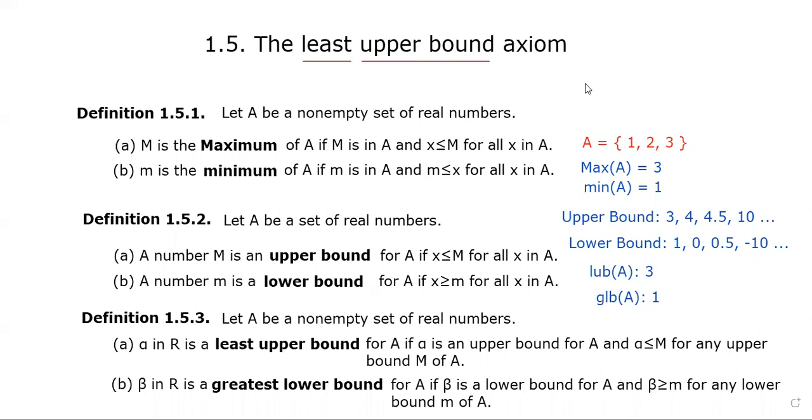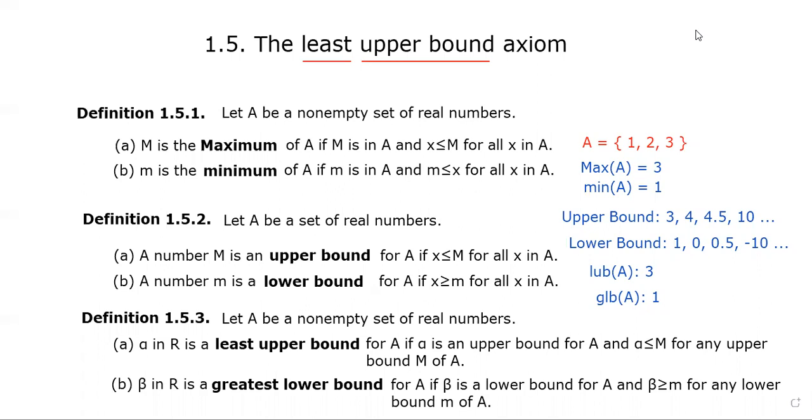The maximum is a value that has to be in the same set, but that's not the case for the upper bound. If I've been asked to give an upper bound for a specific set, my upper bound doesn't have to be in the same set. I can bring any value that is just greater than or equal to all the values of the set.